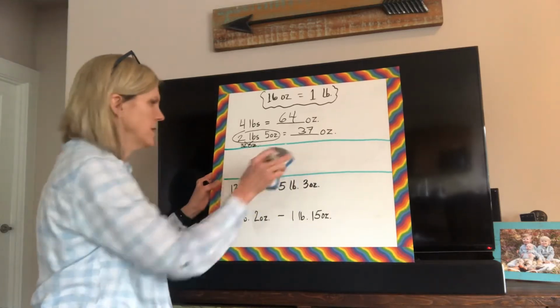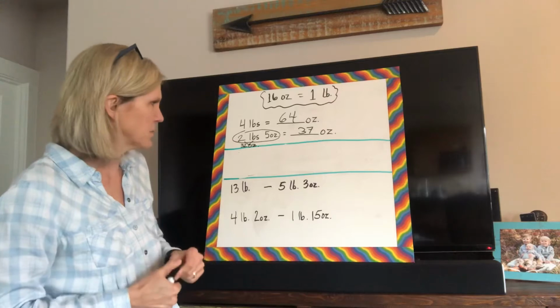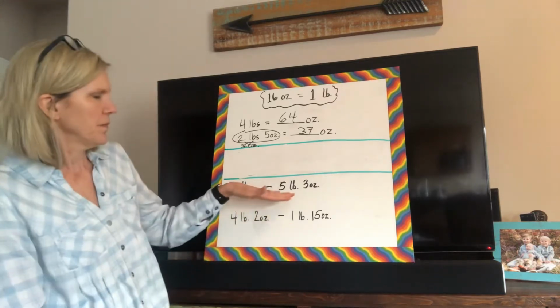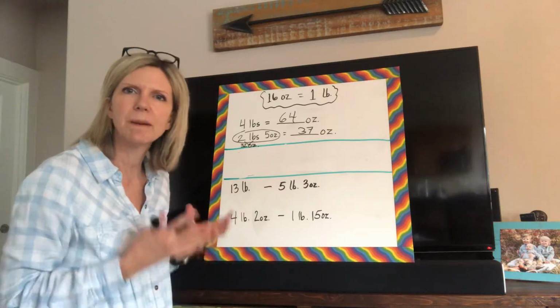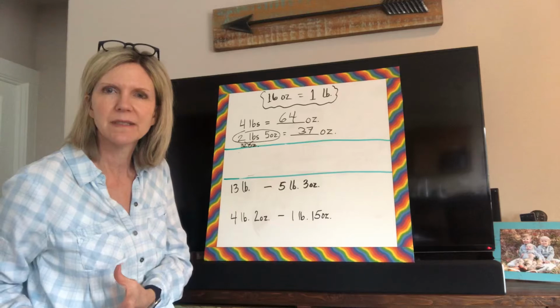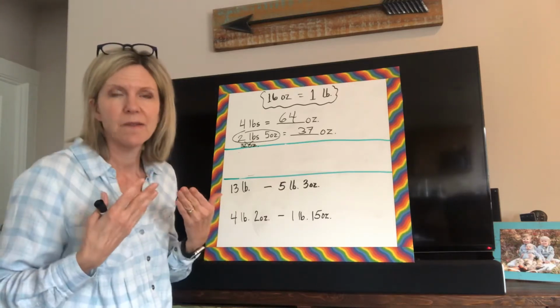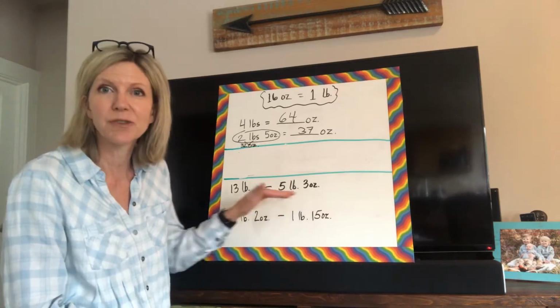Now we're going to go down here. We're going to subtract. How would we subtract pounds? So remember, subtraction is you have an amount, and you're taking some out of that amount. It's really good that you think that way because it helps you when you start to do it like this. This is tricky.